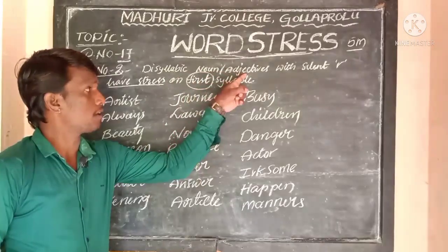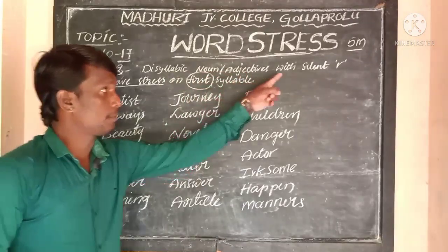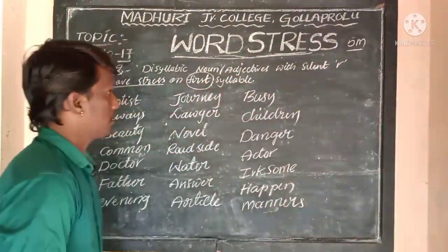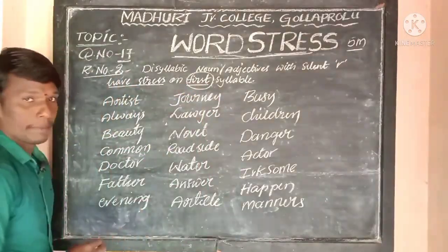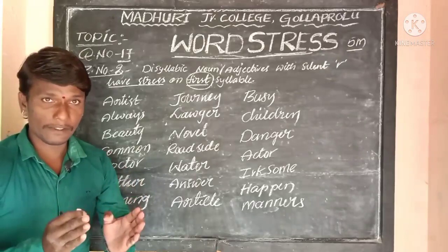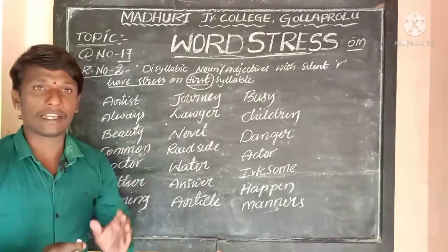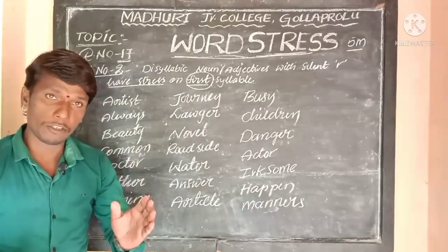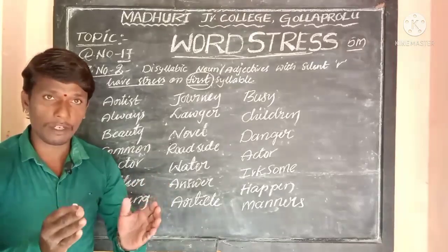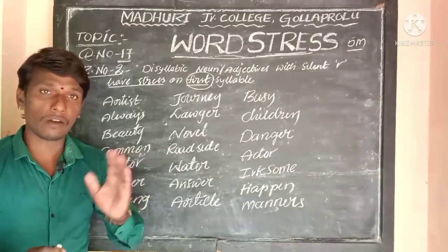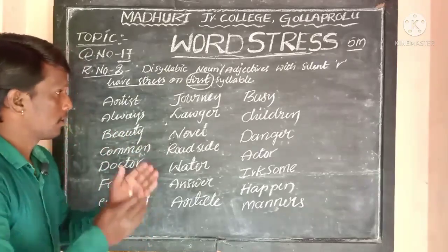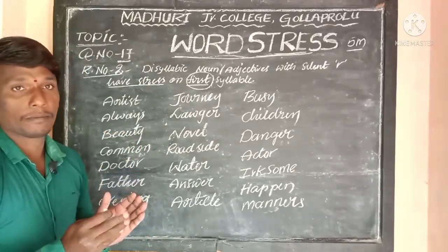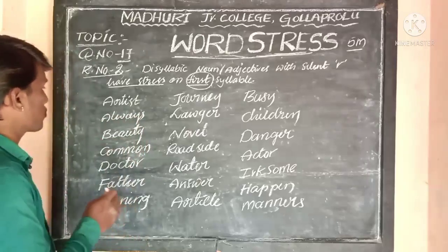Disyllabic nouns or adjectives with silent R have stress on the first syllable. That means if the word is disyllabic, and the part of speech of that word is a noun or an adjective, with the silent letter R, that word takes stress on its first syllable.